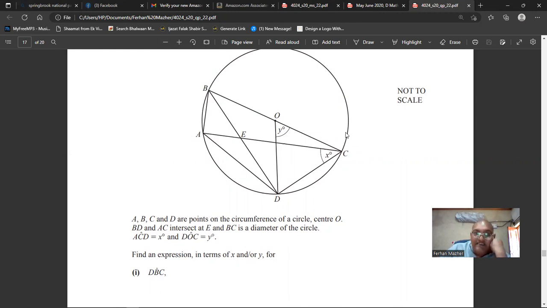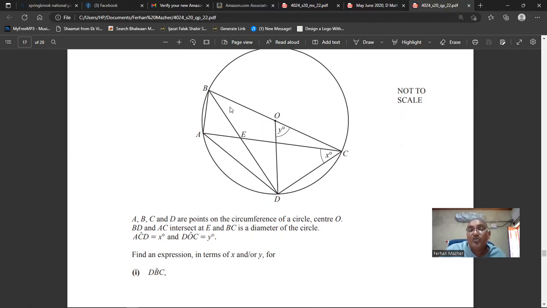So DBC is the question. DC is the chord. So the angle subtended at the center by this chord is y. The angle subtended at the circumference is the question. DC is the chord, you see. So the angle at the center is 2 times the angle at the circumference.